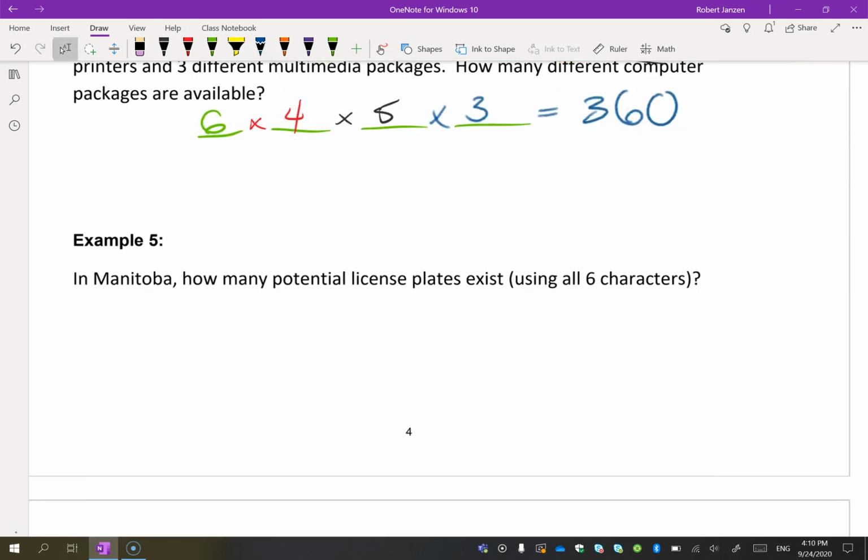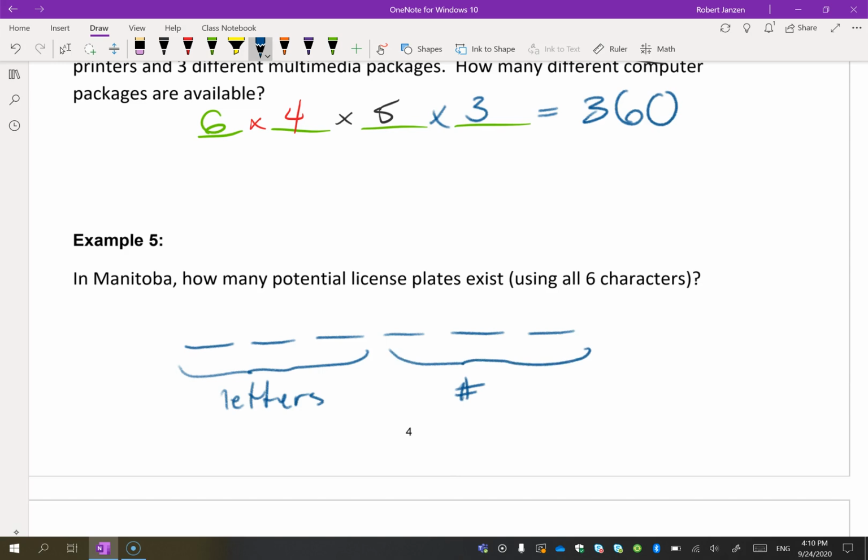All right, in Manitoba, how many potential license plates exist using all 6 characters? Okay, we're assuming that these are not custom plates, right? We're assuming that in Manitoba, the first 3 are letters, right? And the next 3 are numbers.